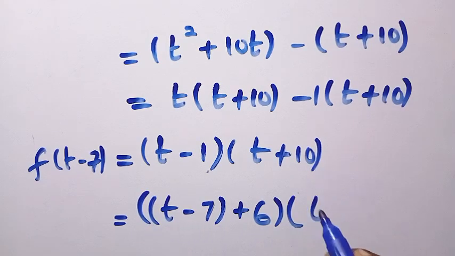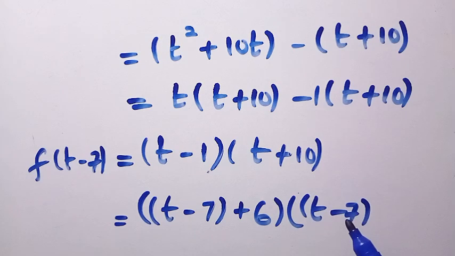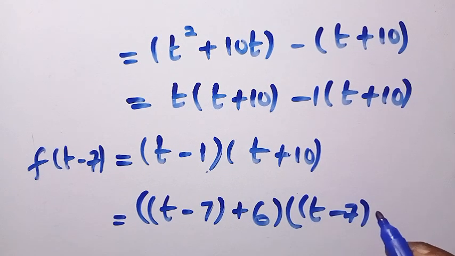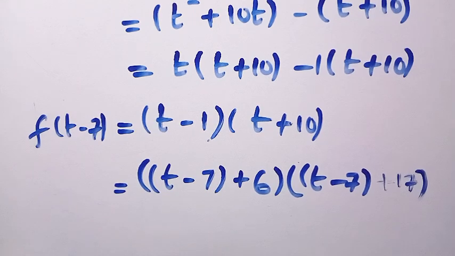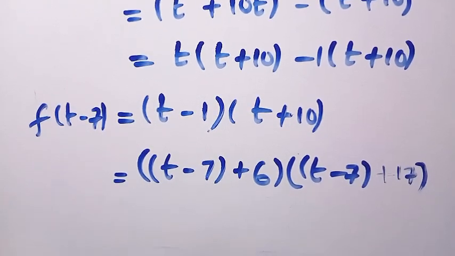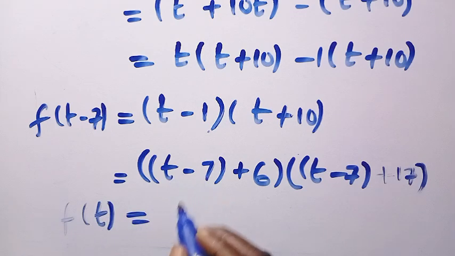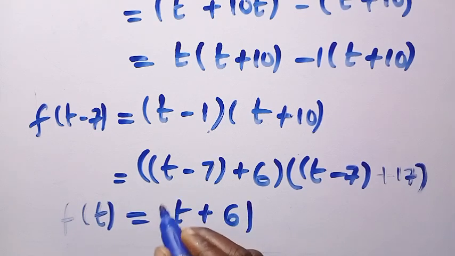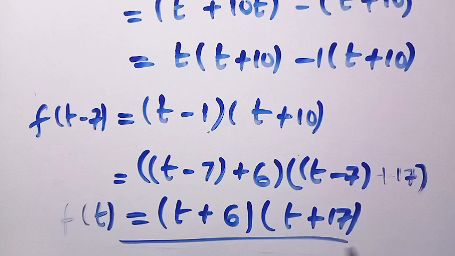And also here we have t minus 7, and it was plus 10 before, so we have to add plus 17 to this. Therefore, after a successful addition, we have to replace every t minus 7 with t. So by replacing that, we have f of t equals, here changed to t plus 6, and also this changed to t plus 17. So these are the two factors that we have.